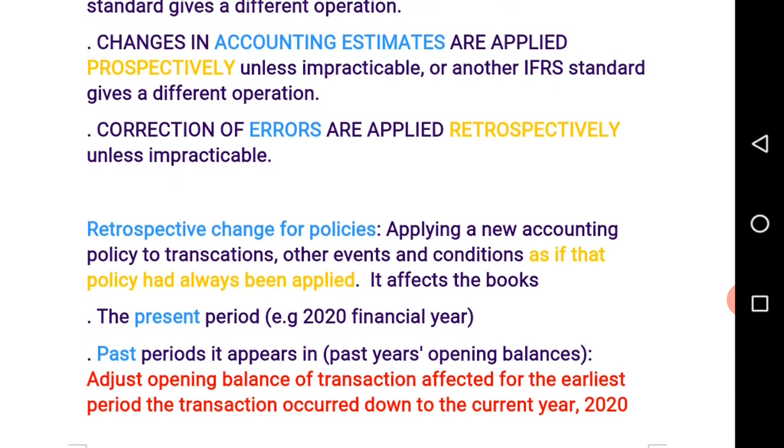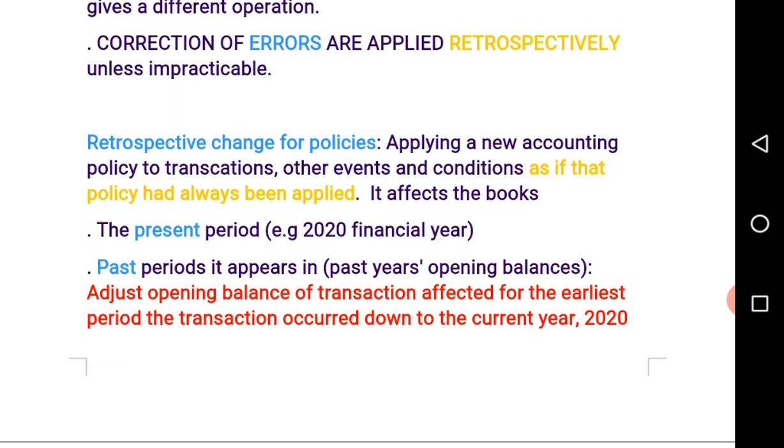We would also have to change it for past periods. By changing it for past periods, we would adjust the opening balances of the previous years from the date when the transaction initially occurred. If it occurred first in probably 2005, it starts from 2005, 2006, 2007, 2008 down till 2020.